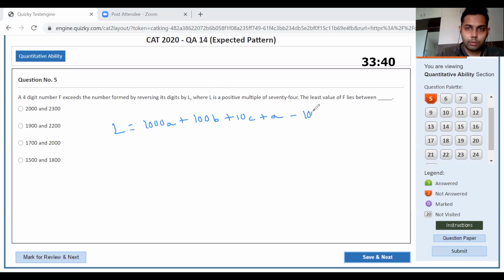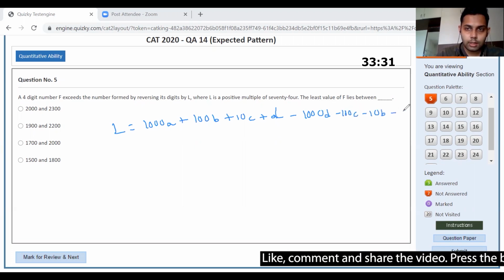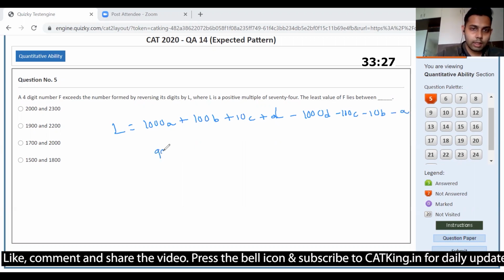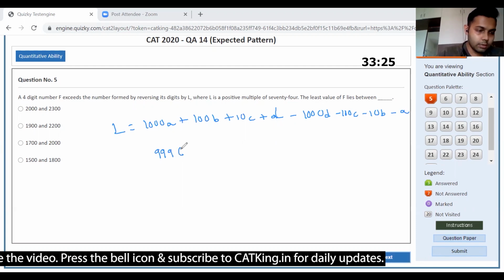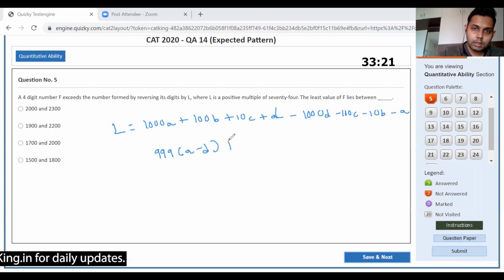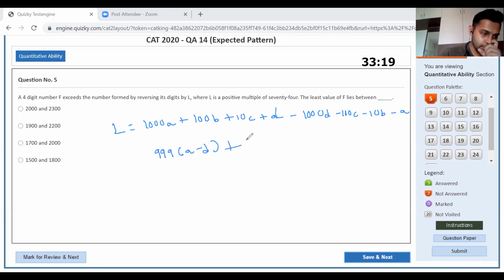Minus of 1000 D minus 100 C minus 10 B minus A. So basically it is 999 times A minus D plus 90 times B minus C is equal to L.